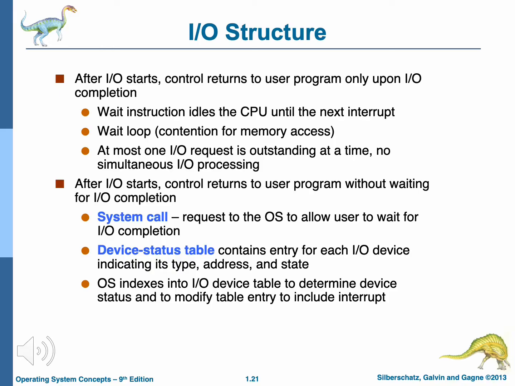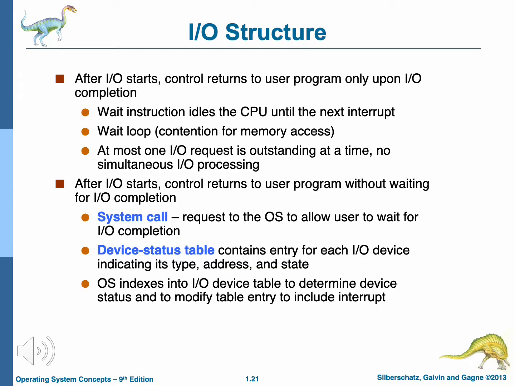To start an I/O operation, the device driver loads the appropriate registers within the device controller. The device controller, in turn, examines the contents of these registers to determine what action to take, such as read a character from the keyboard.